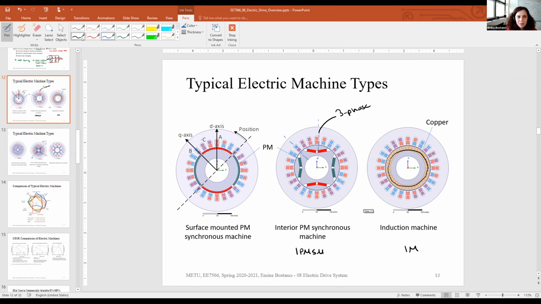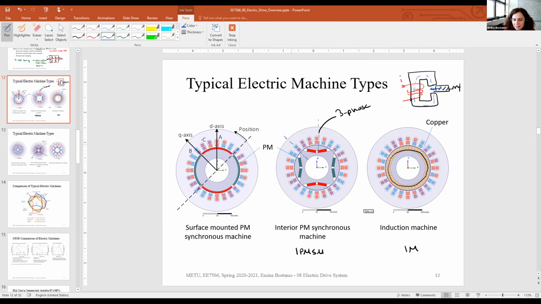Maybe you remember it from the other courses or from 361, we talk about something like that. If this piece is able to rotate, able to move, and if we supply some current to this winding, what we know is the system will try to reduce the reluctance, and there's going to be a force in that direction.